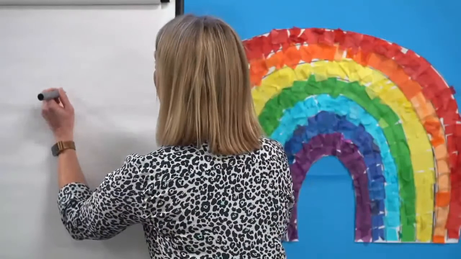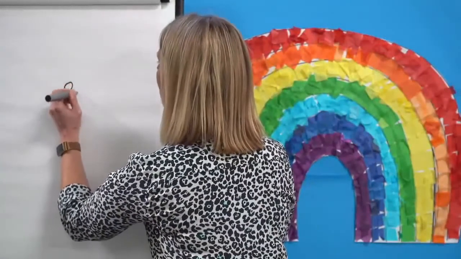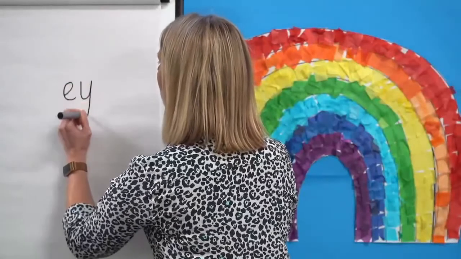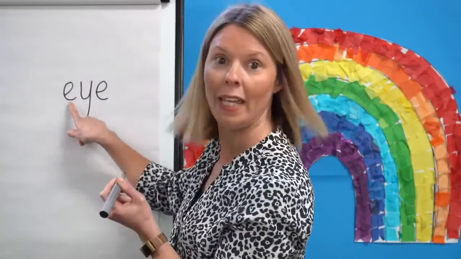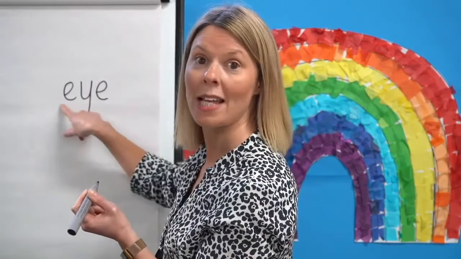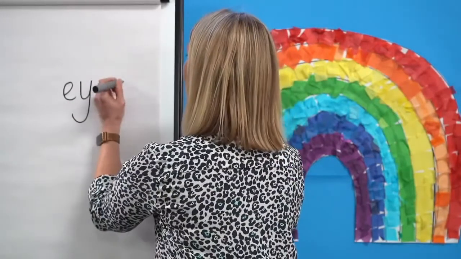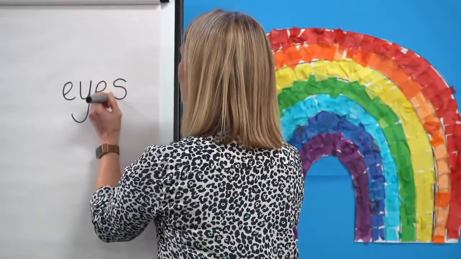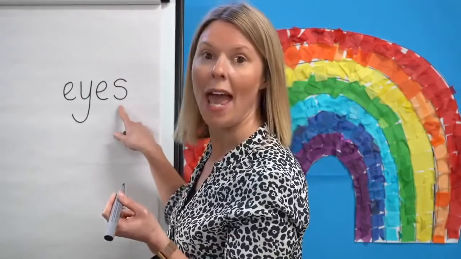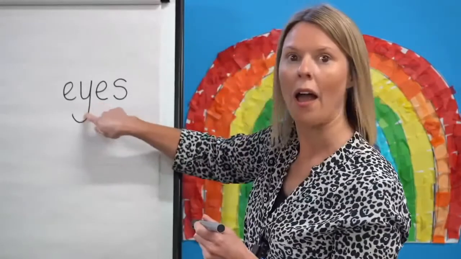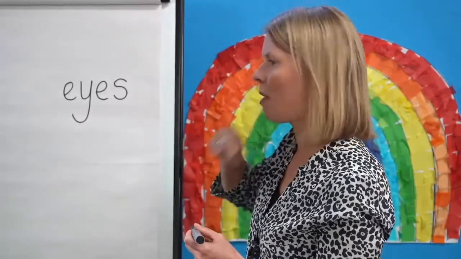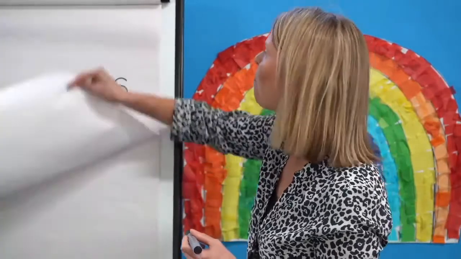Can you remember the tricky bits? The E-Y-E says I. And the S says Z. Eyes. Eyes. I'm hiding it.